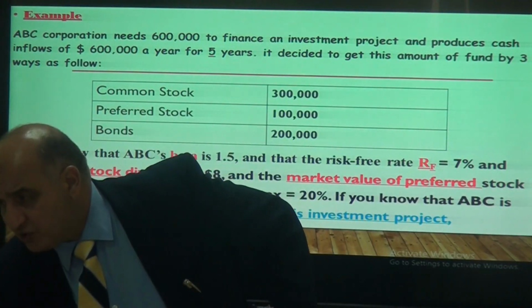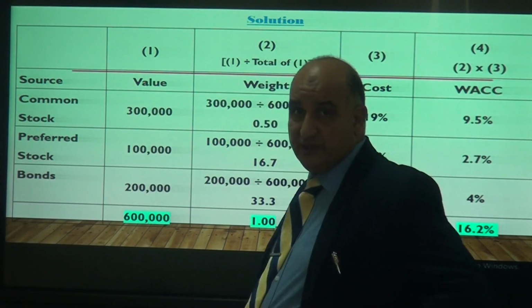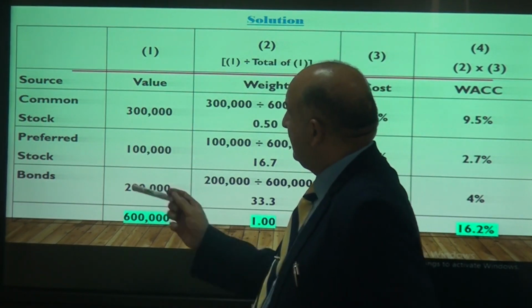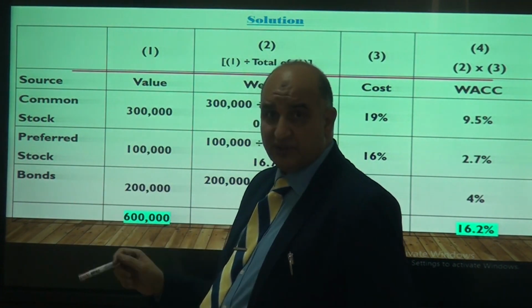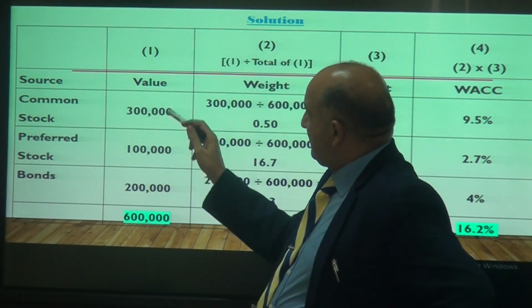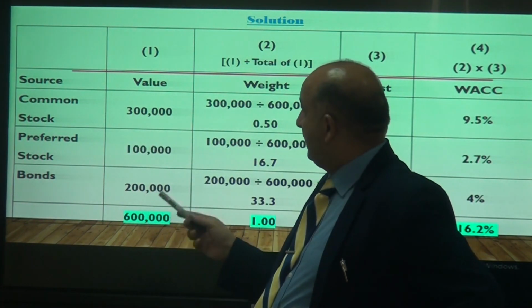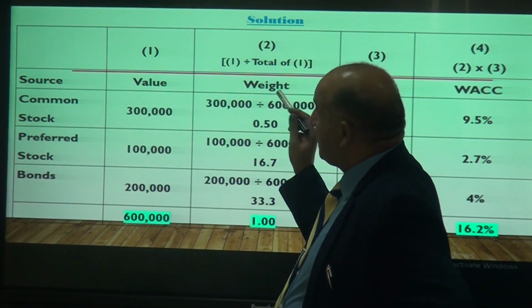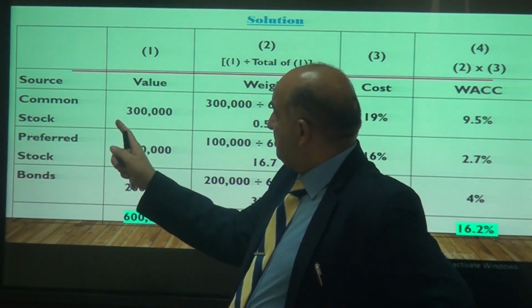To calculate the cost of capital, you have to have this table. These are the sources: common stocks, preferred stocks, bonds, and this is the value we will get from each item. And this is the weight. What does weight mean? Okay.